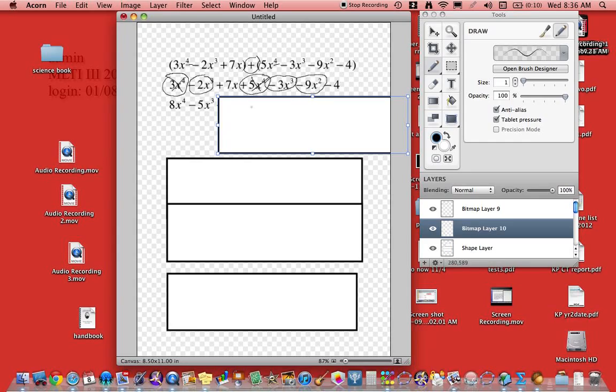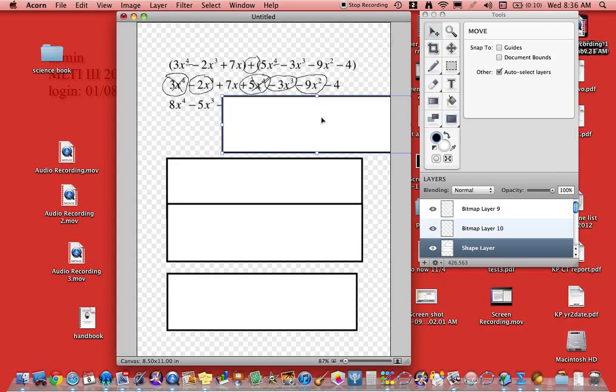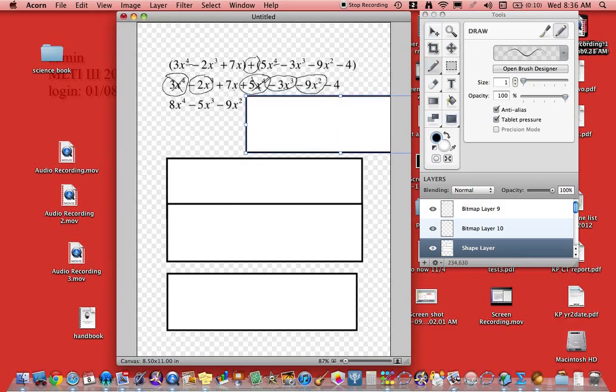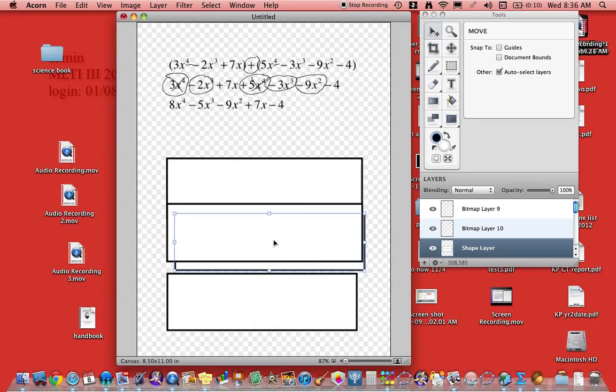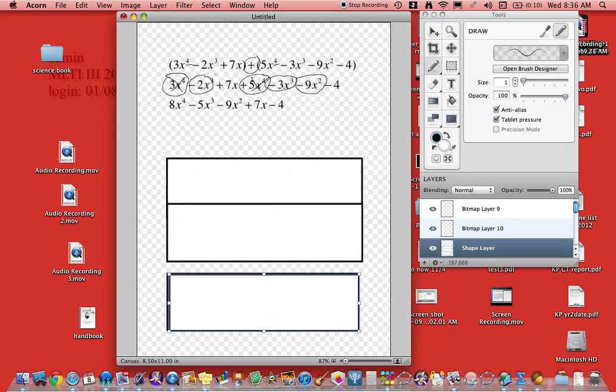Okay, that's included. So I'm going to make the next term, there are no other squared terms, so minus 9x squared. And then I'm going to move on to the 7x, positive 7x, and a negative 4. And I'm done with that problem because I've combined all like terms and I have my solution.